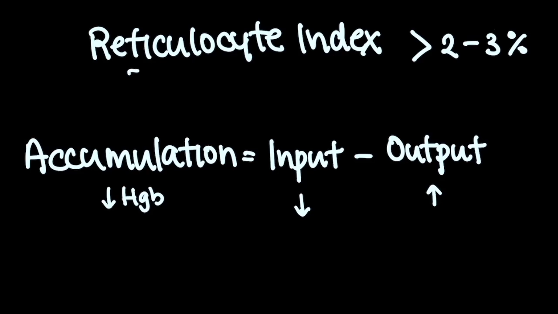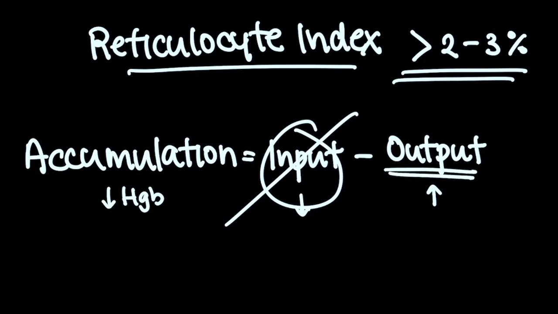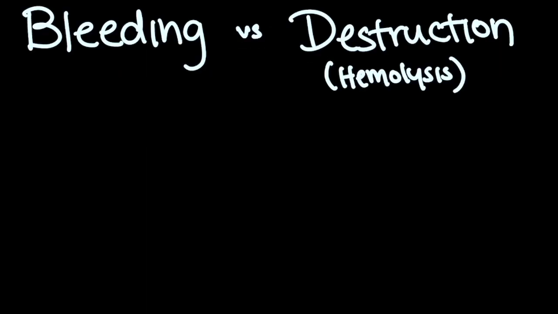Now, if the reticulocyte index is appropriately elevated in the state of anemia, then we can rule out that there's an input problem, and thus we have to turn our heads to the output issues, which include bleeding and destruction.